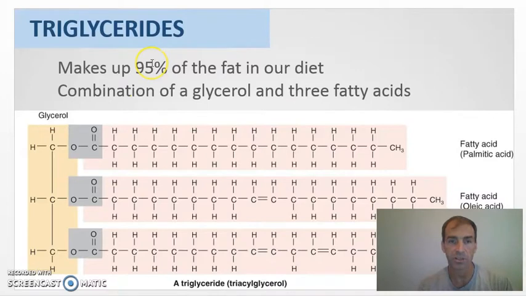Now, triglycerides, if you've heard that term before, you've probably heard it in the connotation of having your triglycerides measured, and that having a lot of those is bad, and that is true. That's a little bit different than what we're talking about as far as how we take these fats in.